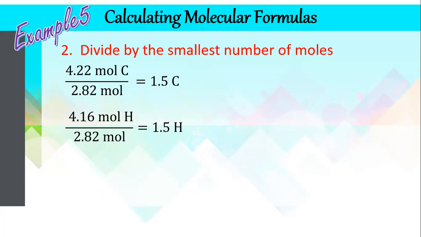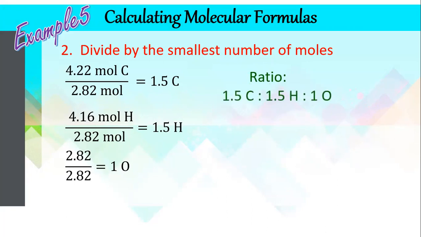Next is oxygen, which is obviously 1. So let's find a multiplier. Looking at this, we have the ratio 1.5 carbon to 1.5 hydrogen to 1 oxygen, so we don't have a whole number ratio for this formula. Therefore, we have to find a multiplier to make it a whole number ratio.